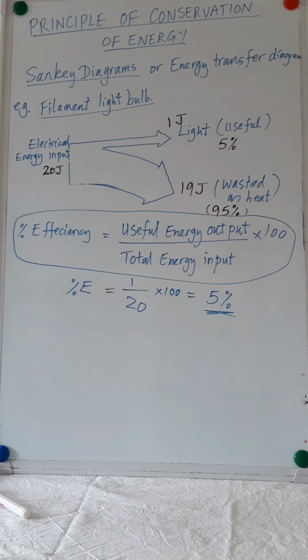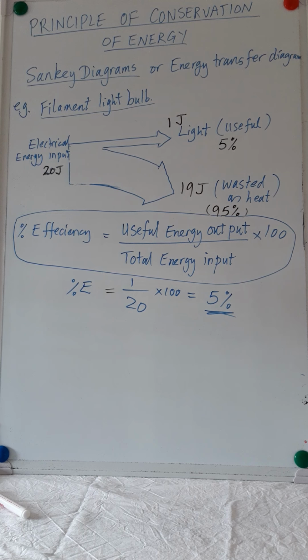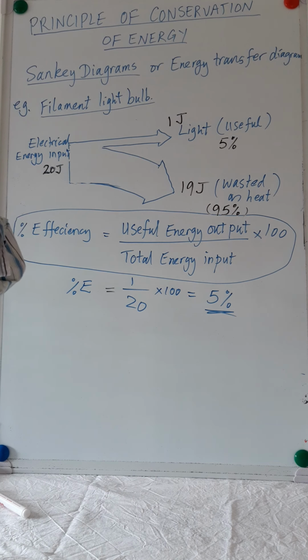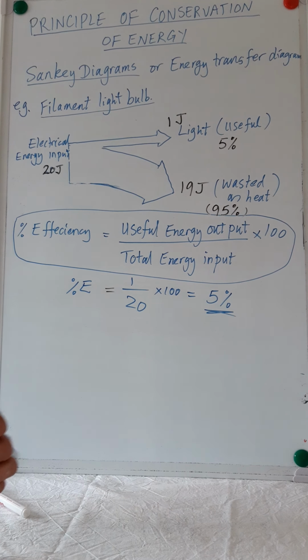You can draw this Sankey diagram for all sorts of different devices where energy is used in different ways. But we can't give any more examples, otherwise the video will be too long. So we'll end this video now.